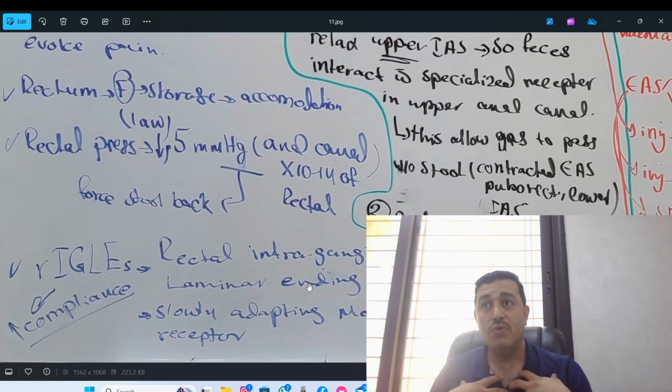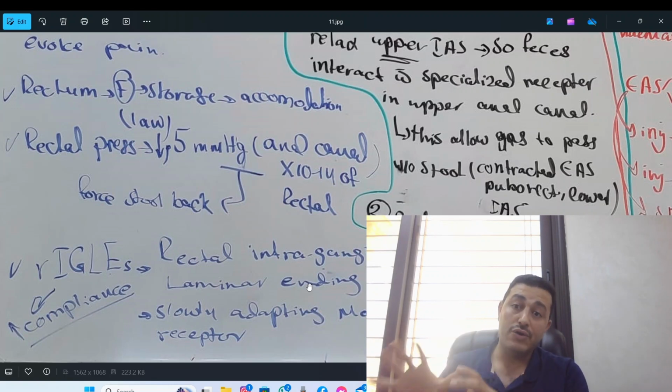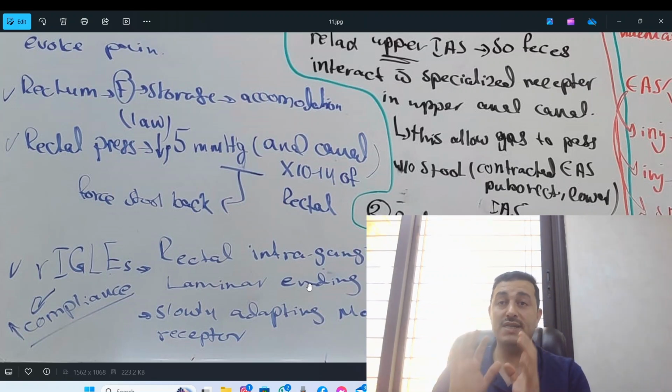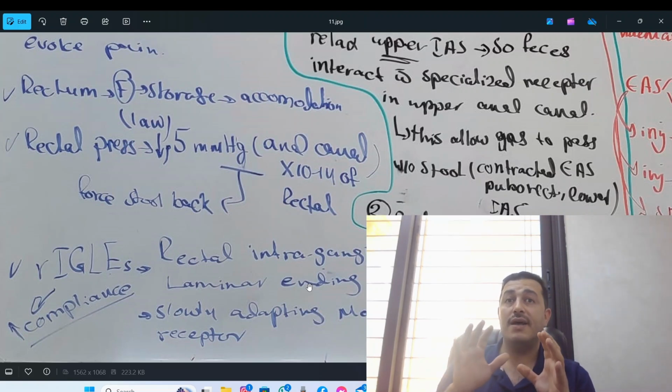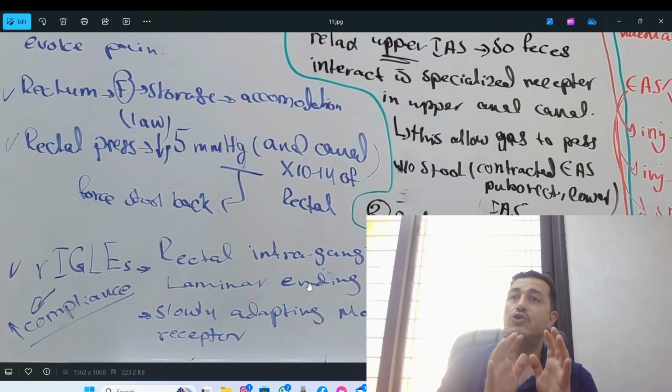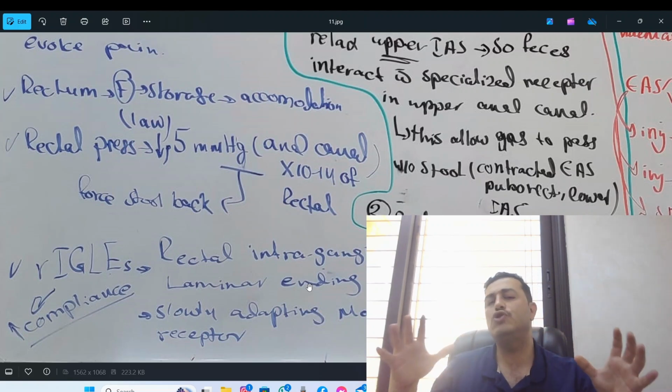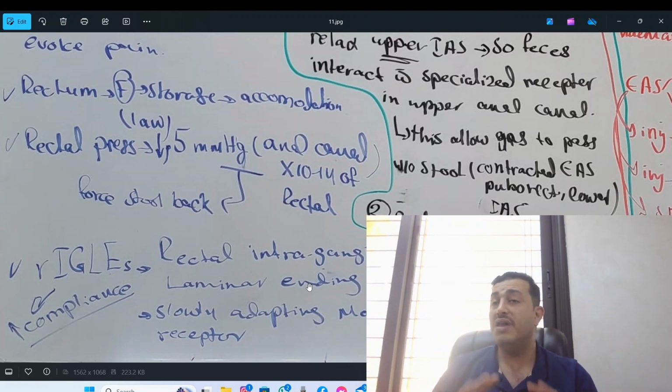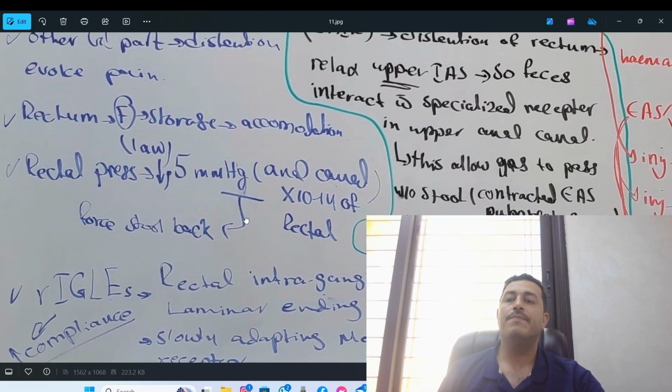You will understand my words if you work in a colorectal clinic or see some rectal surgeries in which the patient does not go to the bathroom and the rectum is accommodated to a huge diameter with no pain.